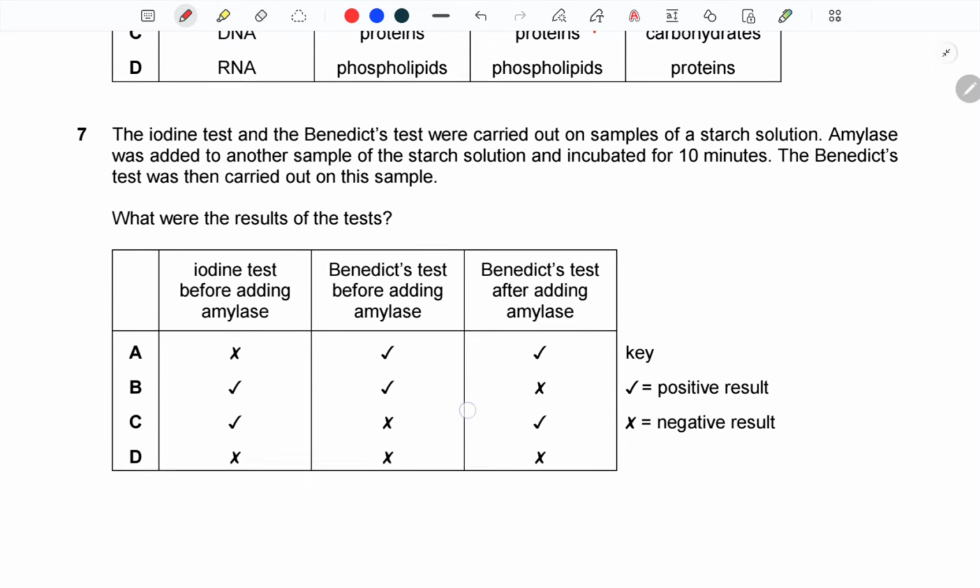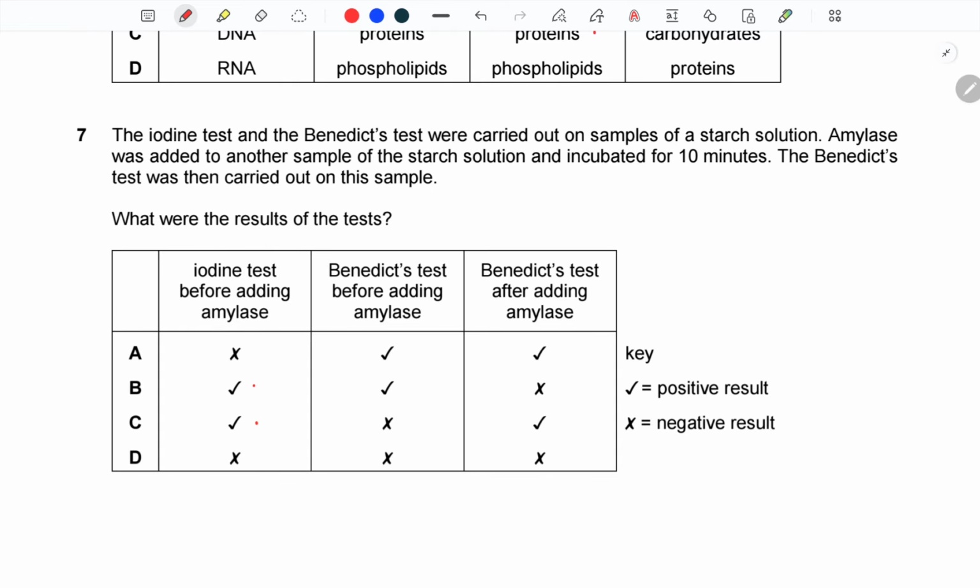Number 7, the iodine test and Benedict's test were carried out on a sample of starch solution. Amylase was added to another sample of the starch solution and incubated for 10 minutes. The Benedict's test was then carried out on the sample. What were the results of the test? Iodine test before adding the amylase: the starch hasn't been broken down, so the iodine test will be positive.